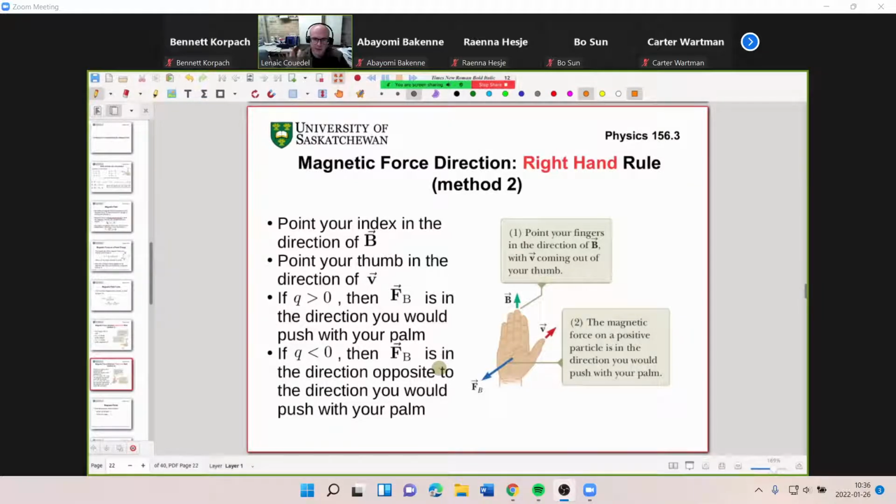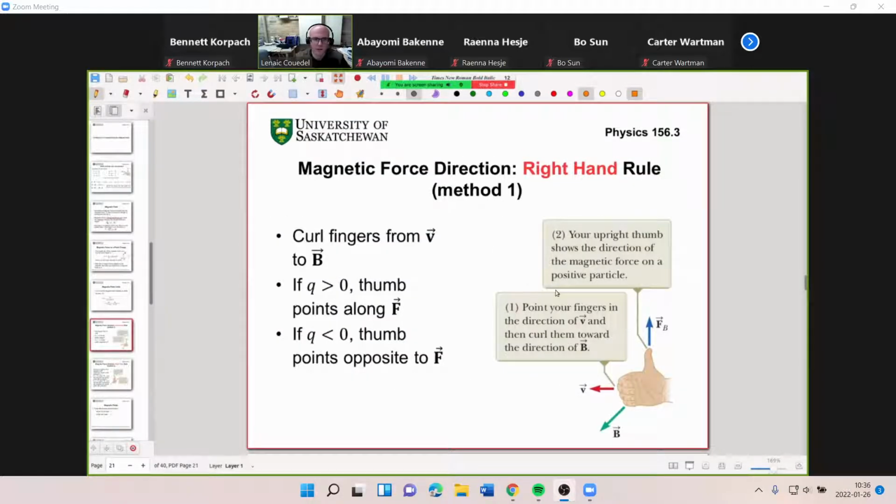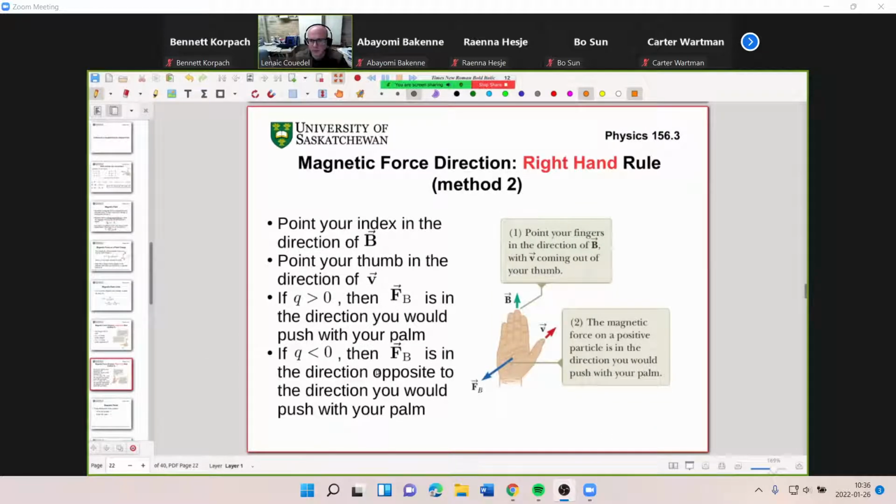So be careful, always use your right hand. If you don't use your right hand but you use your left hand, then you get a wrong answer. So it's just a question of practice. Choose whatever you prefer, either method 1 or method 2 for the right hand rule, but this will save you a lot of calculation, because just by using the right hand rule, you will know the direction of the final vector.